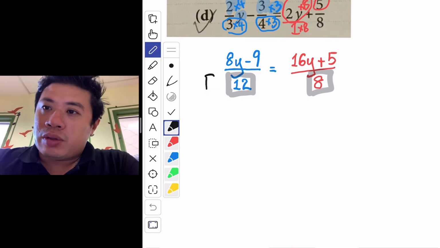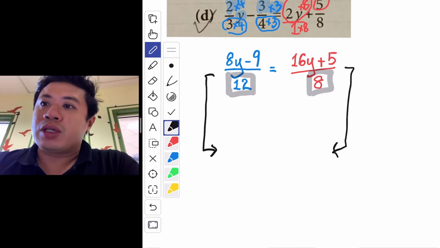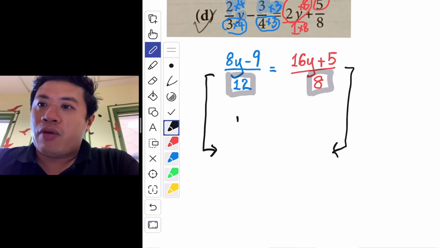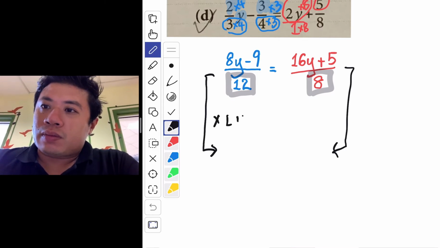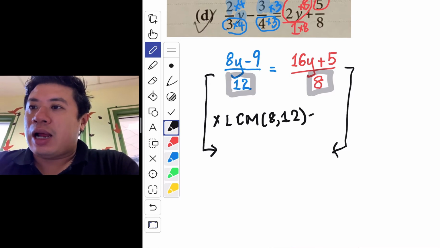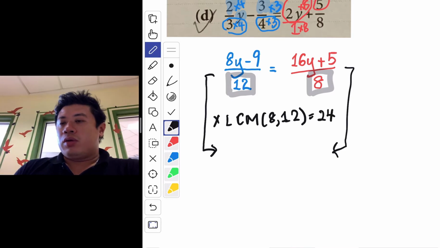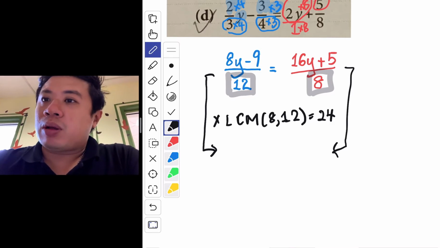So next we multiply by the LCM of both denominators. You will see that the LCM of 12 and 8 will be equal to 24, quite easily seen. So let's say I multiply by 24 on both sides.